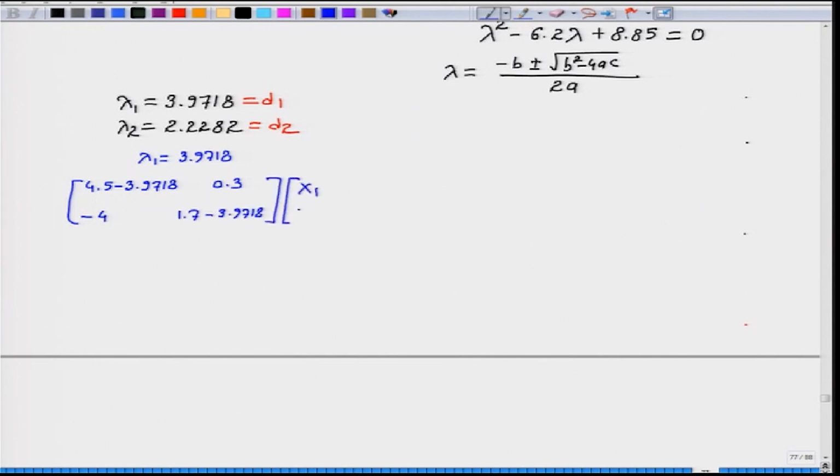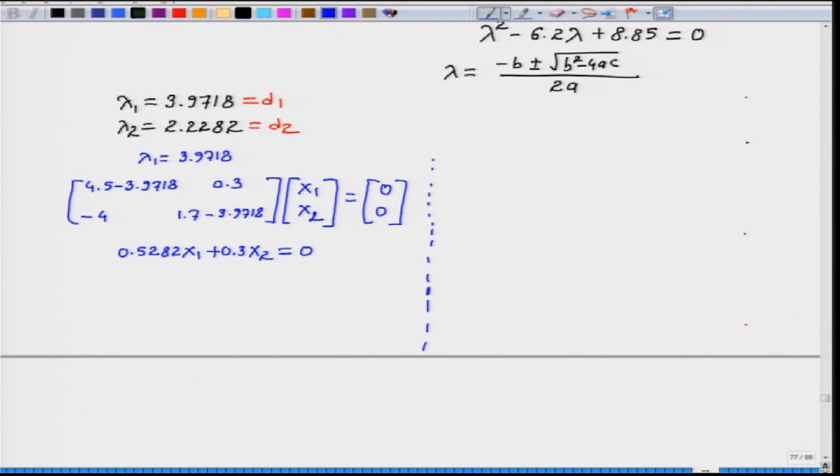We can write its elements as x1 and x2, equal to 0, 0. We will get two equations, and we can solve any one of them. So, we get 0.5282 x1 plus 0.3 x2 equal to 0. The second one basically gives the same equation.